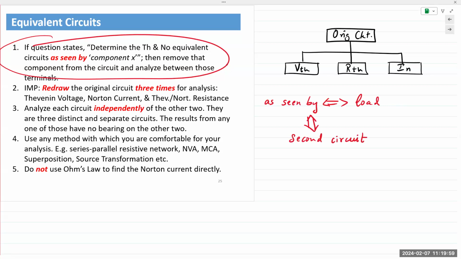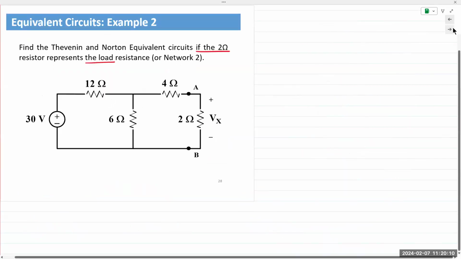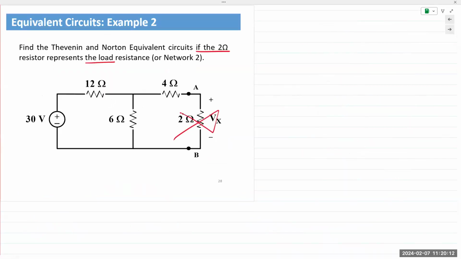That particular component should not be part of your analysis.